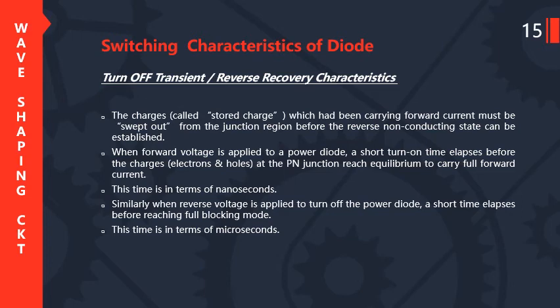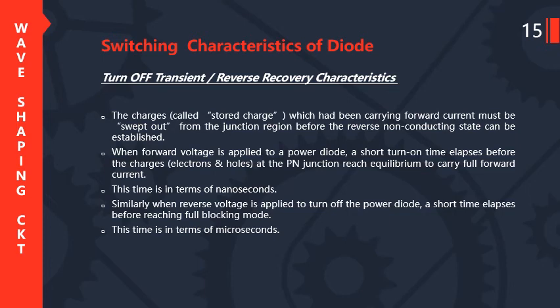When the forward voltage is applied to the power diode, a short turn-on time elapses before the charges, electrons and holes at the p-n junction, reach equilibrium to carry full forward current. This time is in terms of nanoseconds.